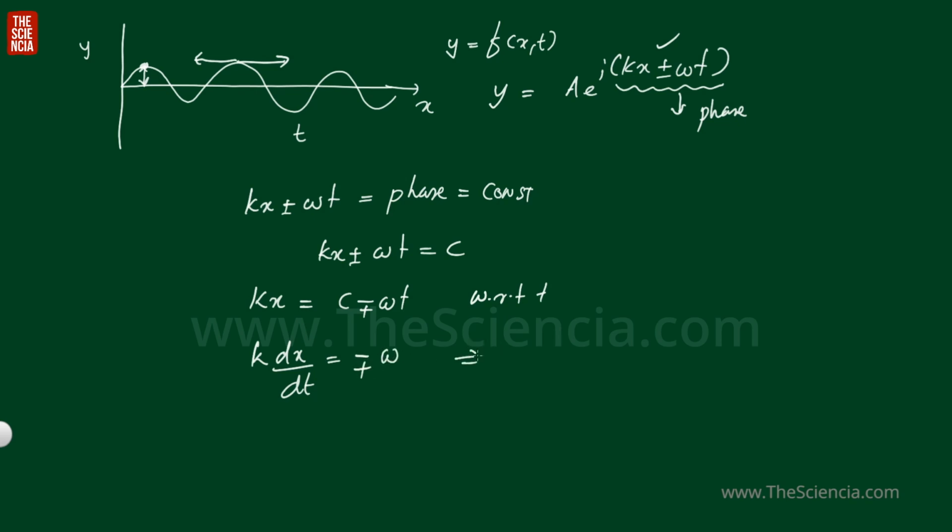So I can rearrange this equation, that is dx by dt is equal to minus or plus omega by k. See, dx by dt is nothing but velocity, and here we derive this value from the phase of the wave. So it is nothing but phase velocity Vp, that is minus or plus omega by k. So this is the equation for phase velocity.